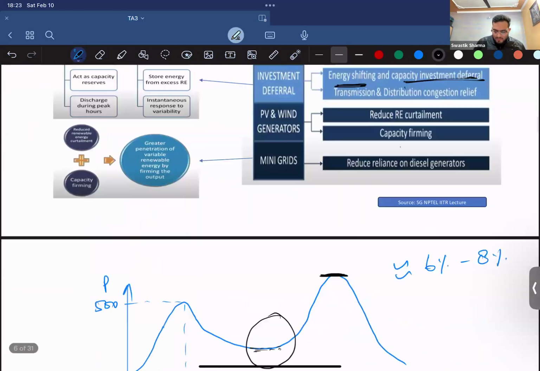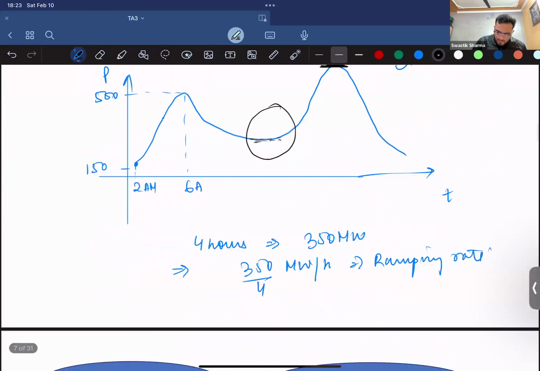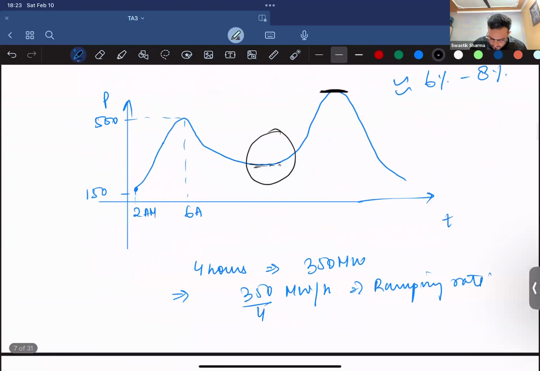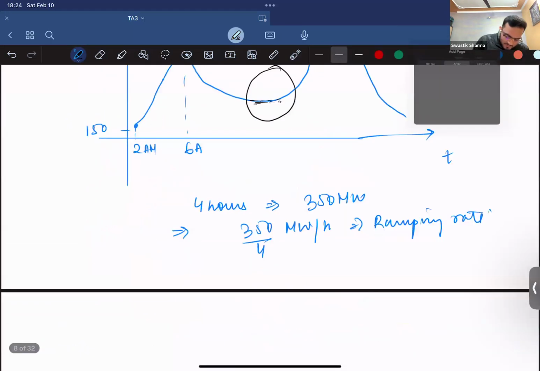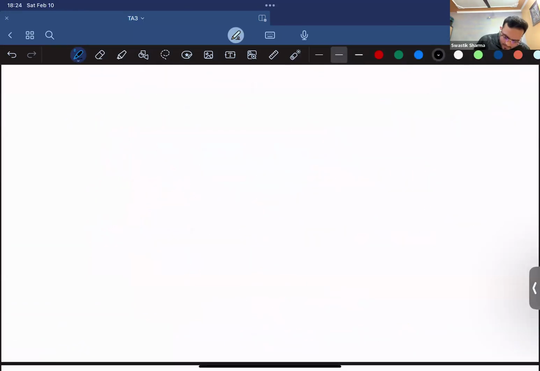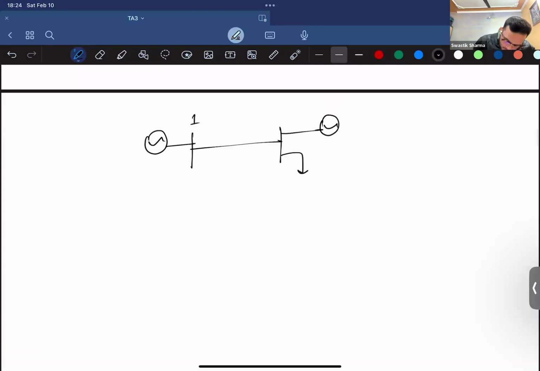And capacity investment deferral. So let's say you have a transmission line connecting two areas. Let me give you an idea. So it's a two bus system. This is one, this is two. Let's say the line is 25 megawatt only.